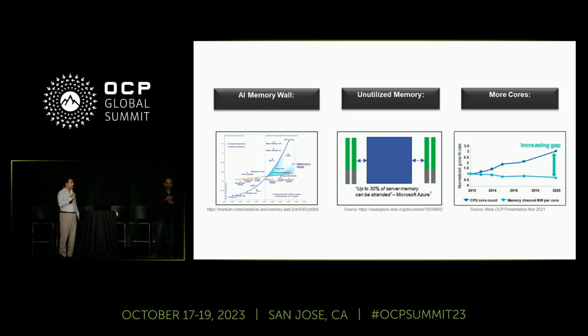And again, the key drivers are the challenges which a lot of large companies, hyperscalers are facing, and they can be classified in three basic categories. One is capacity, which goes under the nomenclature of memory wall or memory gap. Second is problem of unutilized memory and having ability to access and increase utilization.